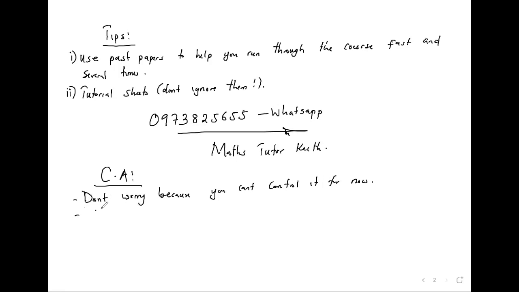You know the exam is out of 70. For you to clear, out of 70, you need at least 30 plus. You can easily achieve that using past papers. Run through the course every now and then.